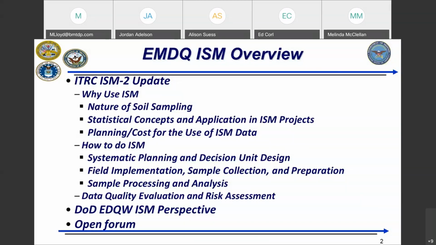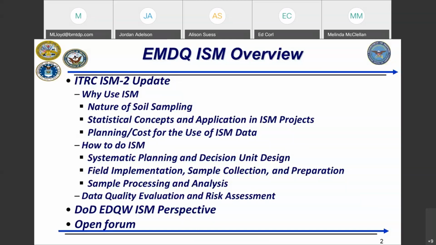I figured I would start off with just sort of an overview of what we're going to be going through today. So those 3 co-authors are going to be giving us sort of a 30,000-foot view of the ITRC document, including why use incremental sampling, including the nature of soil sampling, some of the statistical concepts and applications, planning and cost. We did a lot more work relative to this part of incremental sampling with the update.